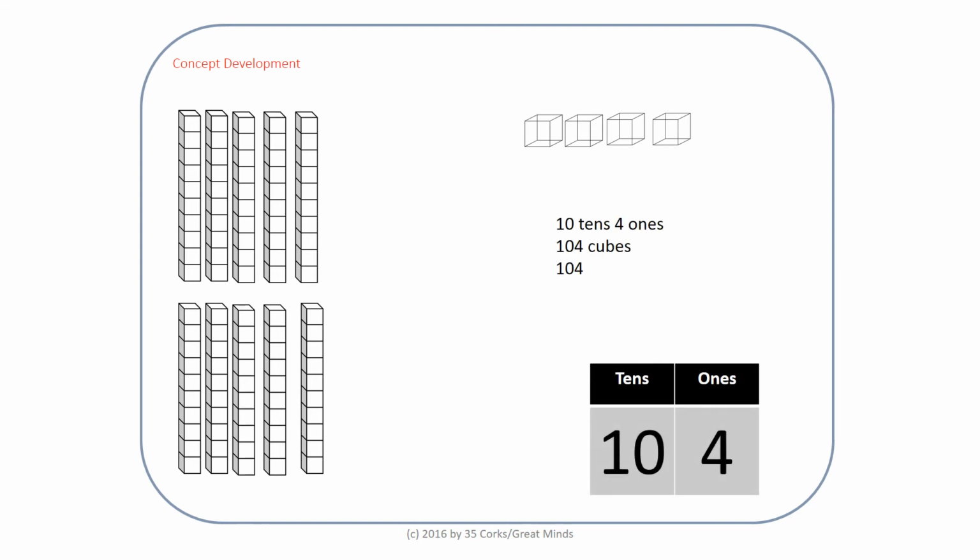So like we said, 10 tens, 4 ones, which would be 104 cubes, or just the number 104. I have a 10 in my tens place for my 10 sticks over there. I have a 4 in my ones place for my ones up there, which would be the number 104. Here's the next one.